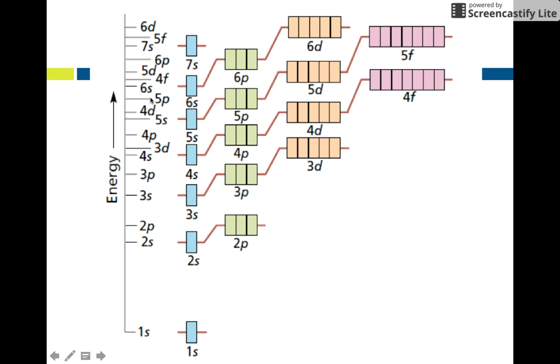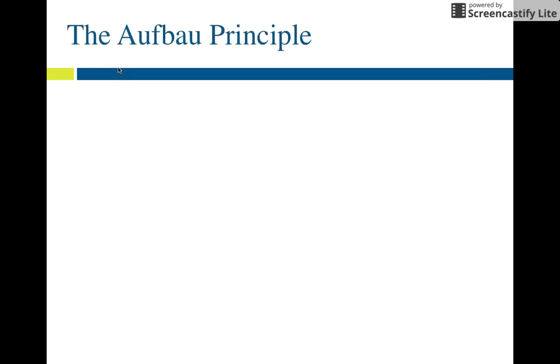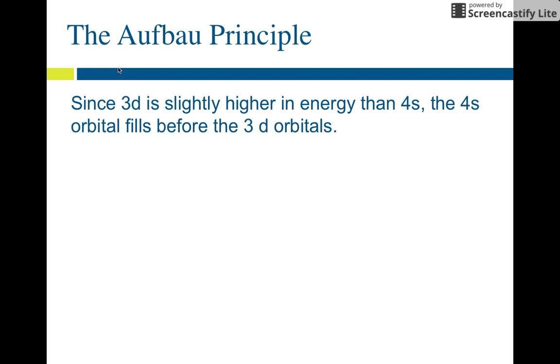And then when we start getting the f orbitals, they make it even more complicated. What that means then is that when we're filling orbitals, the 4s orbital must fill before the 3d orbital.